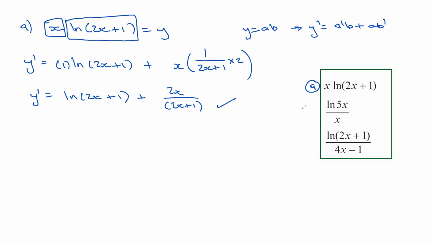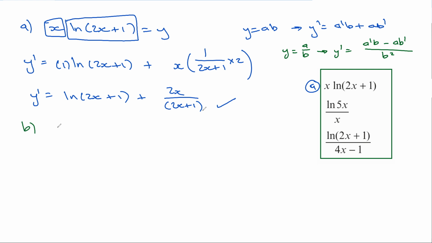The next one what we got here is we've got the quotient rule, which is coming out here. So derive using quotient rule. So the quotient rule has the following calculation, which is basically if you've got y is equal to a over b, then the derivative will be given by firstly taking the derivative of the numerator times the original of the denominator minus the original of the numerator times the derivative of the denominator, all divided by the denominator squared.